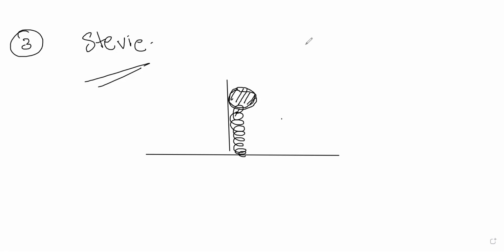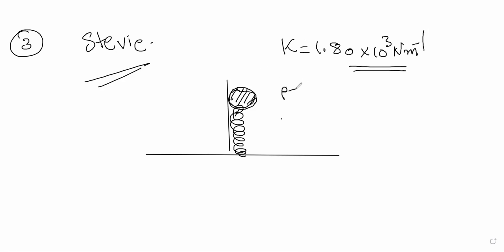The spring he uses has a spring constant k equal to 1.80 into 10 cube Newton meter inverse. So this was the spring constant. And now what you need to know is the potential energy of the spring.